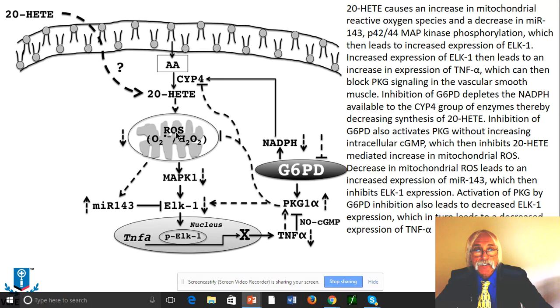It's going to increase the amount of reactive oxygen, okay? Now, with reactive oxygen, what you're going to do is turn on MAP kinase. MAP kinase is going to turn on ELK1. ELK1 phosphorylated, that's a phosphorylation there, is going to make it to the nucleus, and it's going to act as a transcription factor.